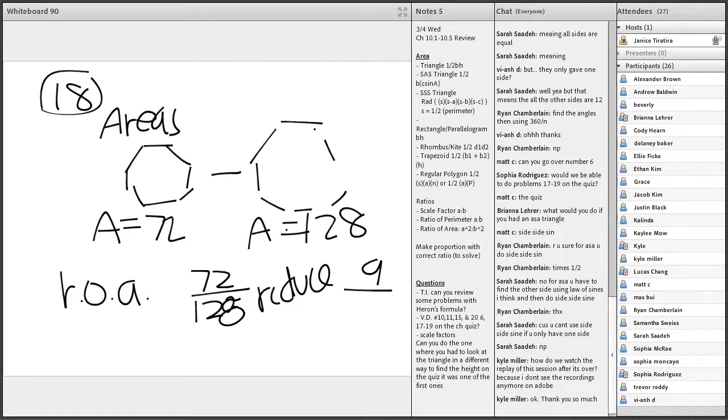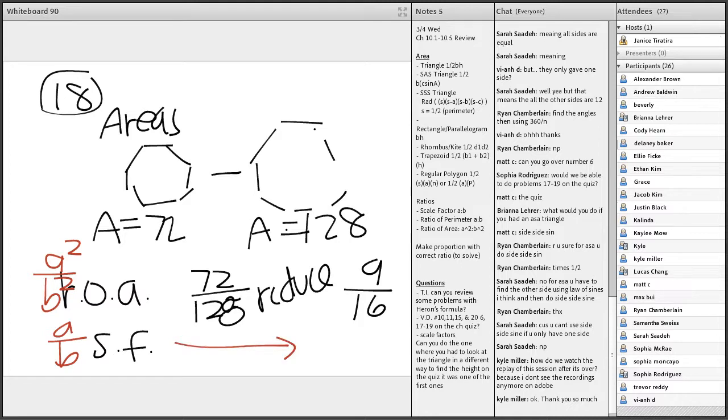And now that's your ratio of area, but that's not your final answer. Now it's asking for scale factor. So let's review again. Ratio of area is when the numbers are squared. Scale factor is when they're square rooted. So your scale factor is the square root of 9, which is 3, and the square root of 16, which is 4. So that's the way to go about it.